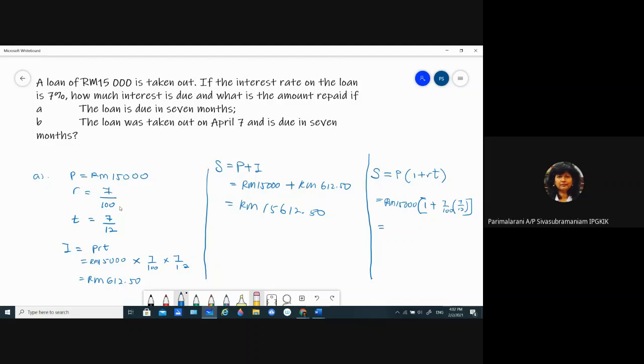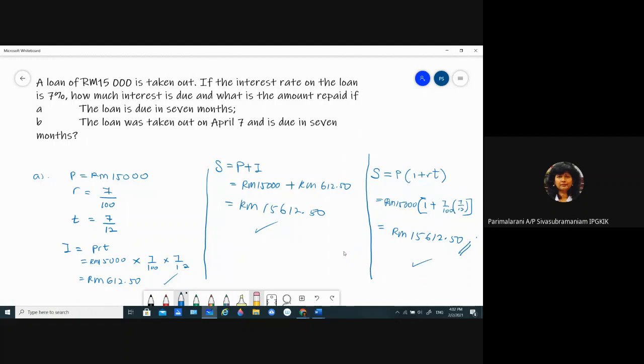If you solve this, you get straight away 15,612.50. So if the question asks you just for the amount repaid, you can straight away use this formula and find it. But if they ask you how much is the interest due first, then you need to calculate the interest first and then only find the sum.